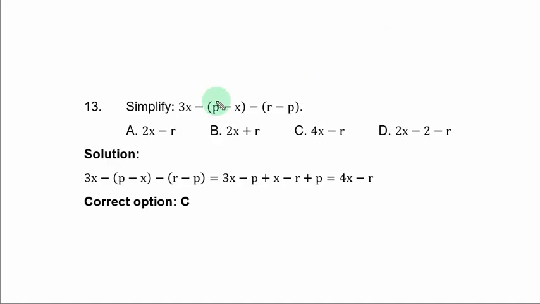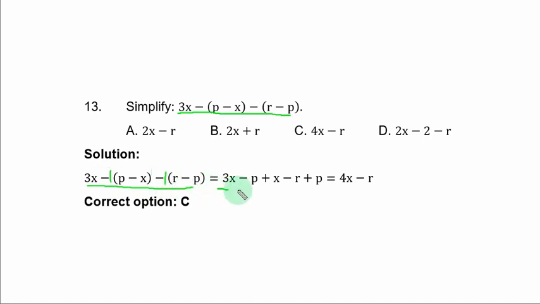Question 13. Simplify 3s minus bracket open p minus s bracket close minus bracket open r minus p bracket close. So this is the problem. Take it that this is minus 1 and here is minus 1, so that for us to open the bracket easily.